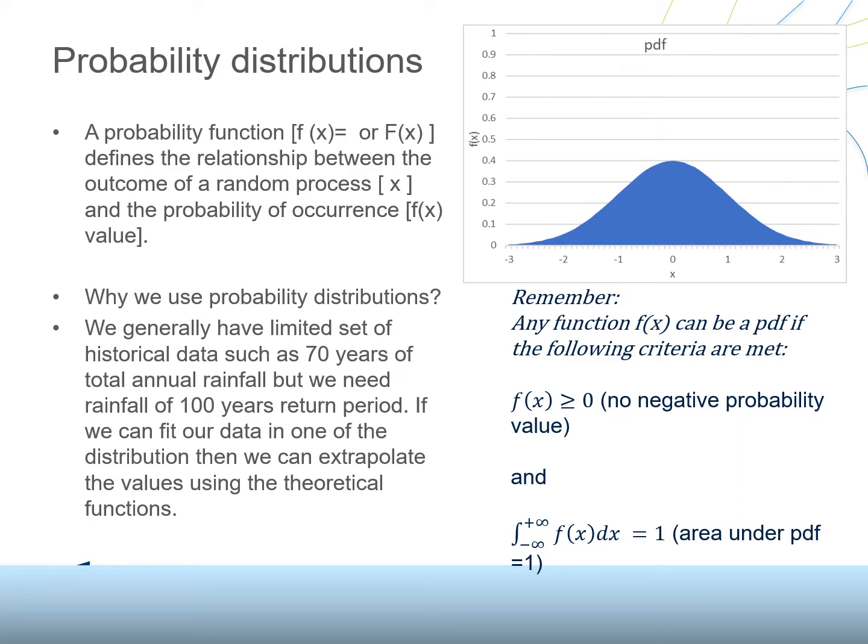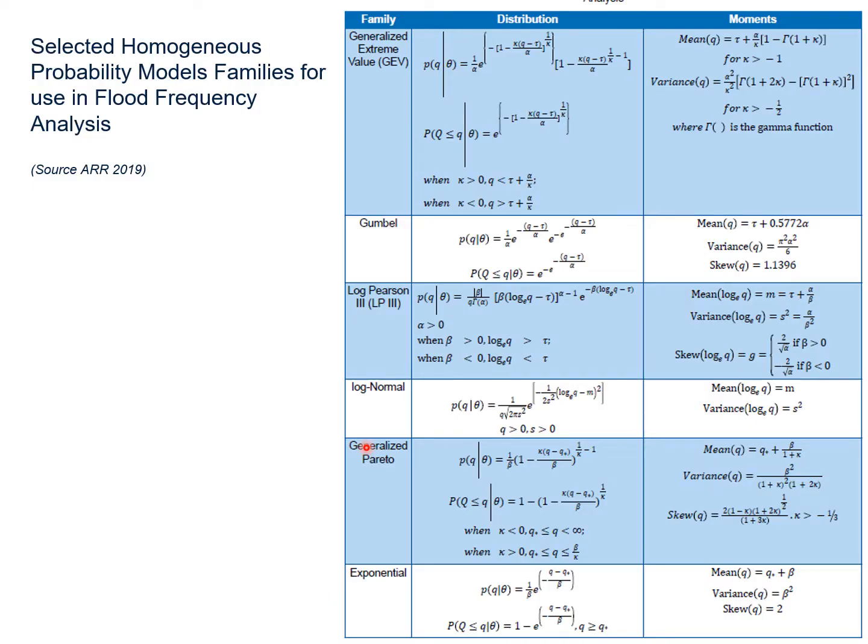So these are some of the selected homogeneous probability models that are used in flood frequency analysis based on ARR 2019, Australian Rainfall and Runoff 2019. So generalized extreme value is one of the distributions. Similarly, Gumbel distribution, log Pearson type 3 distribution, log normal distribution, generalized Pareto distribution, and exponential distribution, right?